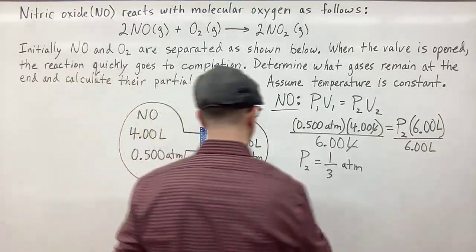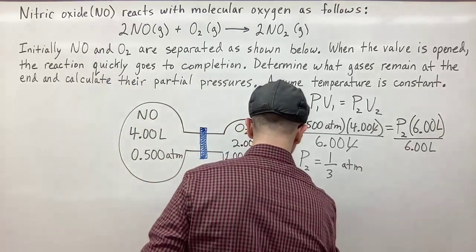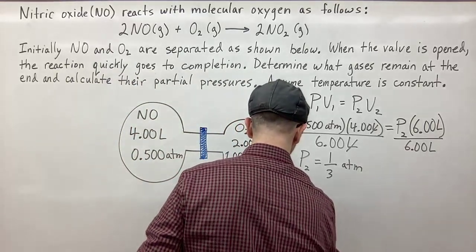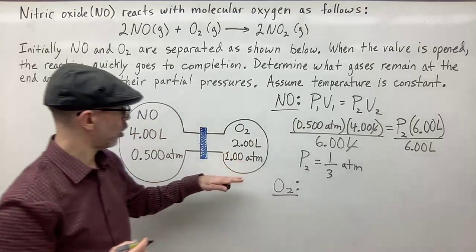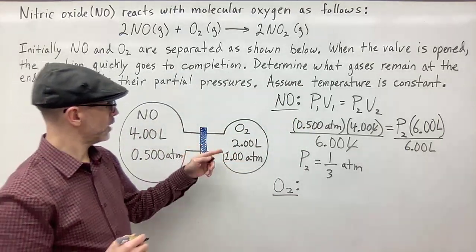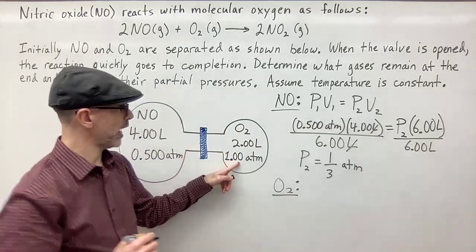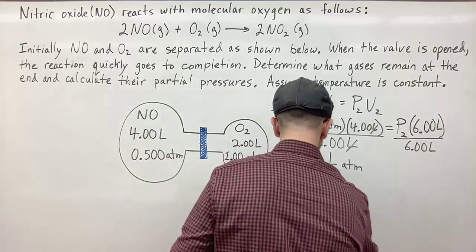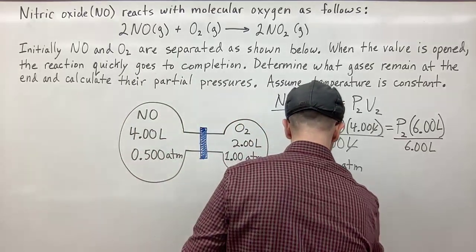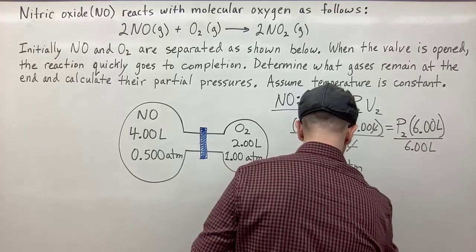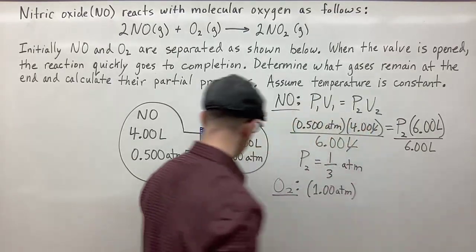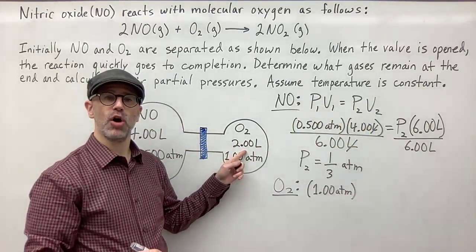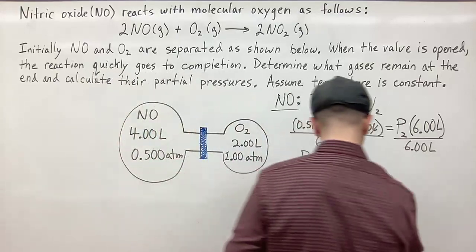Okay, so this is for NO. Now, what about for O2? We'll do the same thing. For O2, the initial pressure is 1.00 atmospheres, and the initial volume is 2 liters.